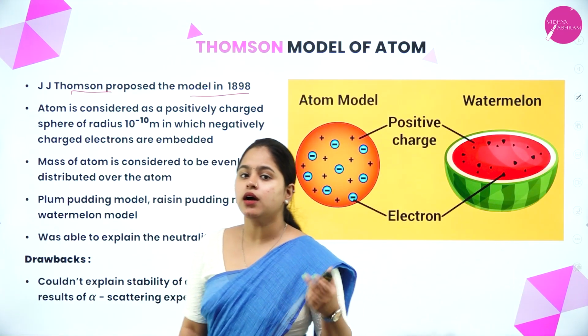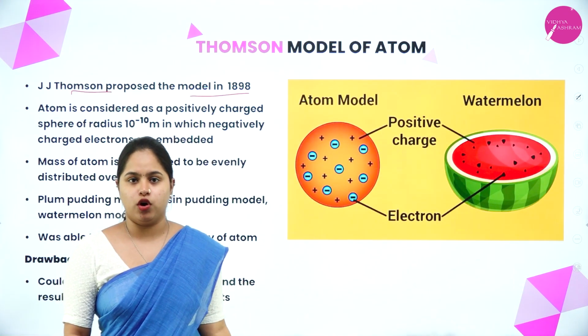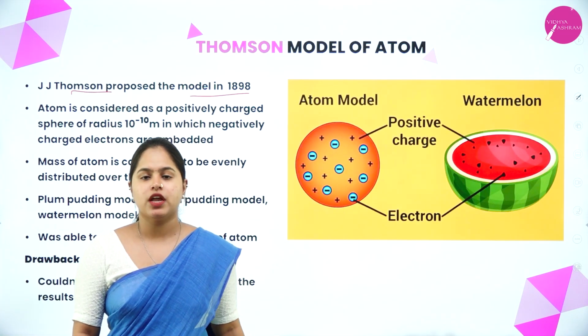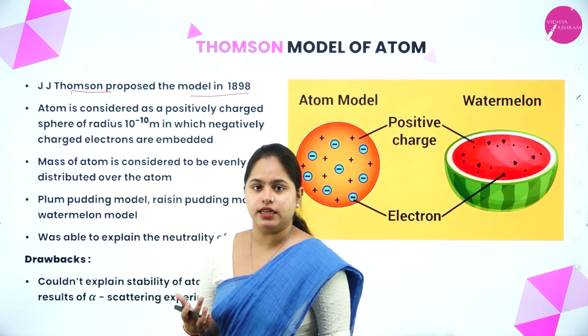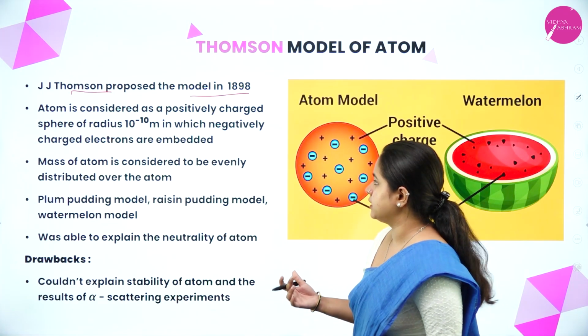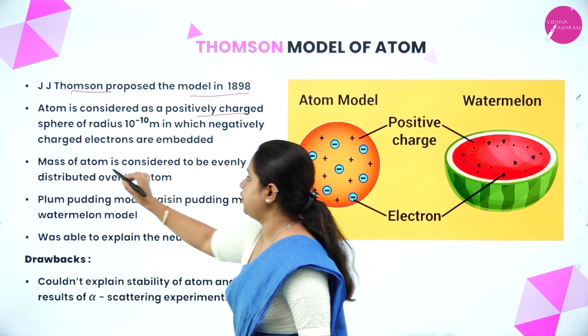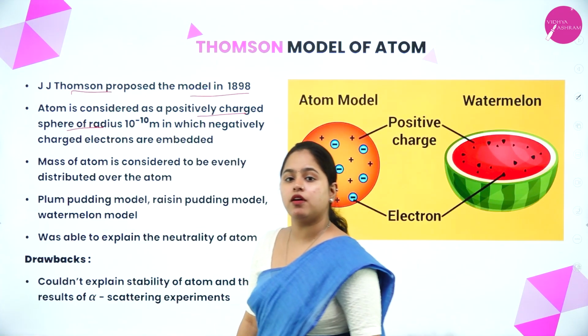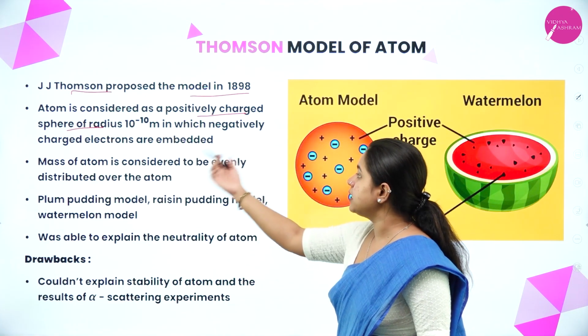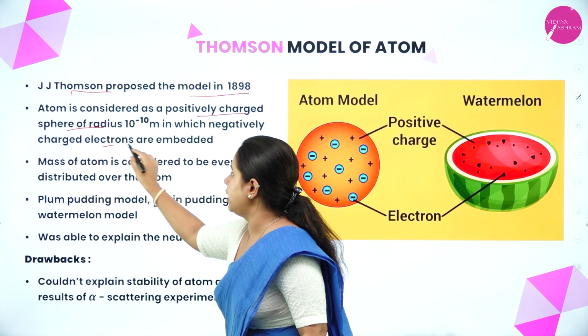So what is the speciality about this model? What is Thomson's model about? According to his model, the atom is considered as a positively charged sphere of radius 10 to the power minus 10 meter, in which negatively charged electrons are embedded.